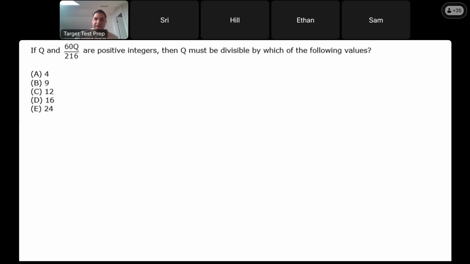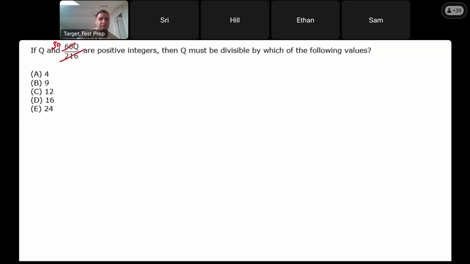All right, so a question like this, the trap answer would be 216, of course, which they can easily give this type of question where you think, oh, 216 doesn't divide into 60, so that's to divide into Q, but it's not there. But the move here is reducing. You just be strategic, like 2 goes into 60 30 times.